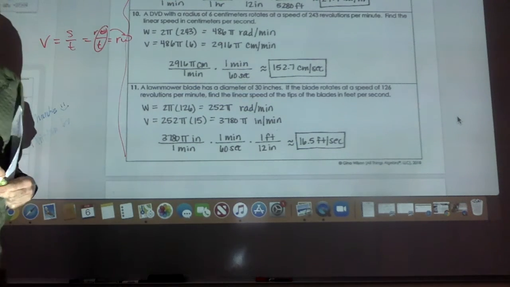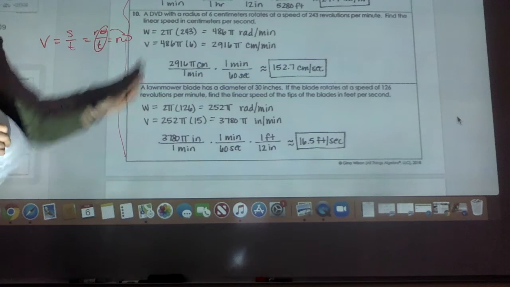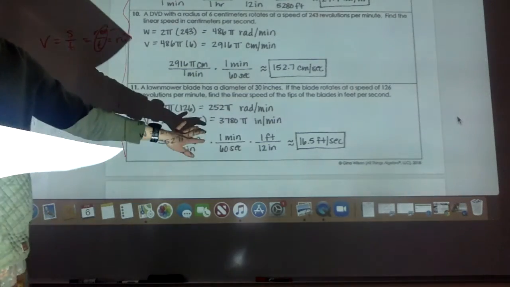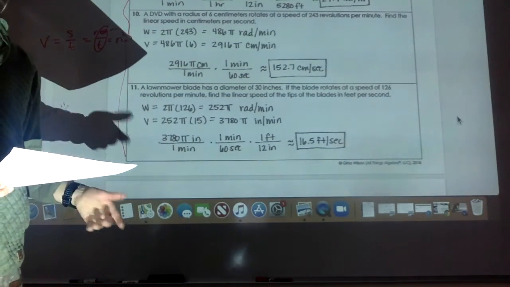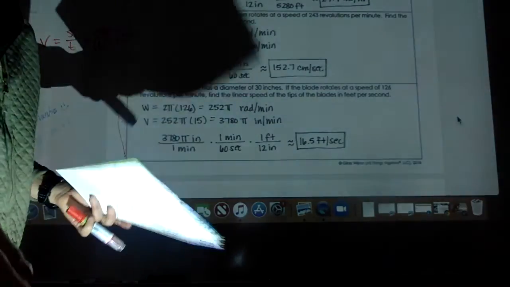It's just starting to recognize when you don't have all the information, what you actually can plug into a problem. So you can do it a couple of different ways. But these would work the first way that you learned how to do it too, because it gives you all the information. It gives you radius. It gives you revolutions. You can figure it out from there.